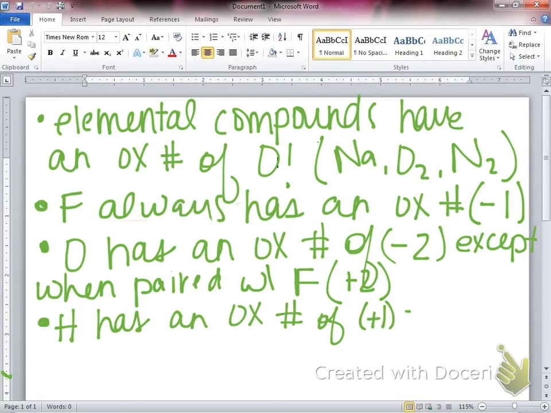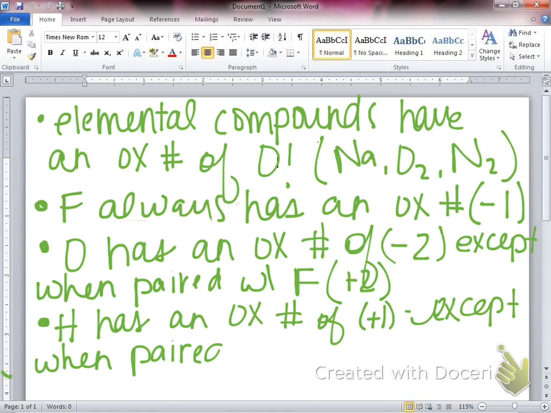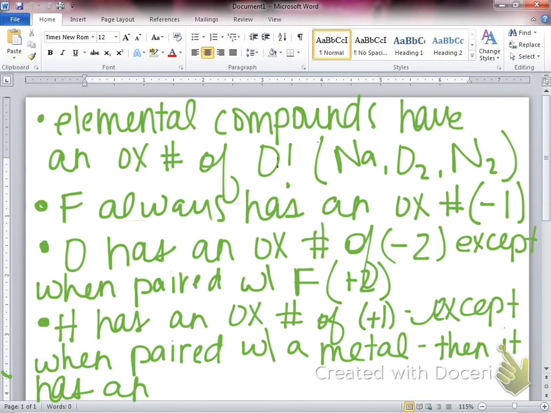But here's our exception. Except when paired with a metal, then it has an oxidation number of -1.